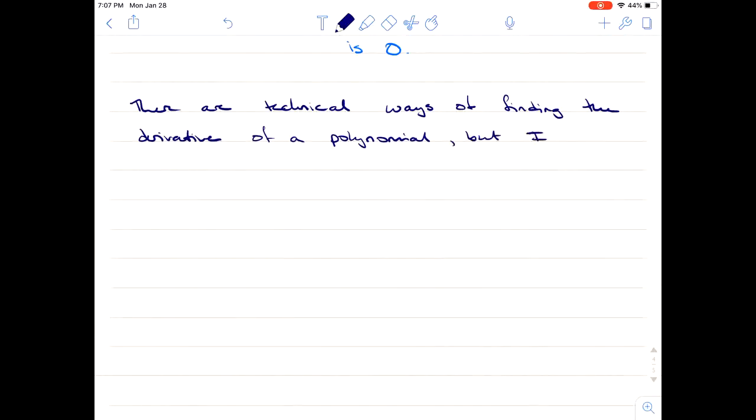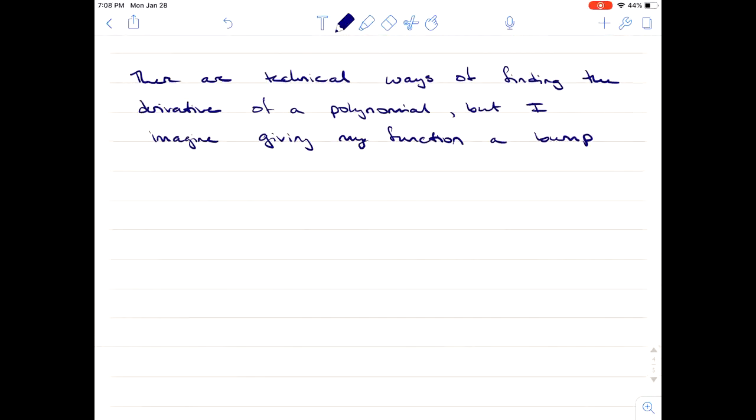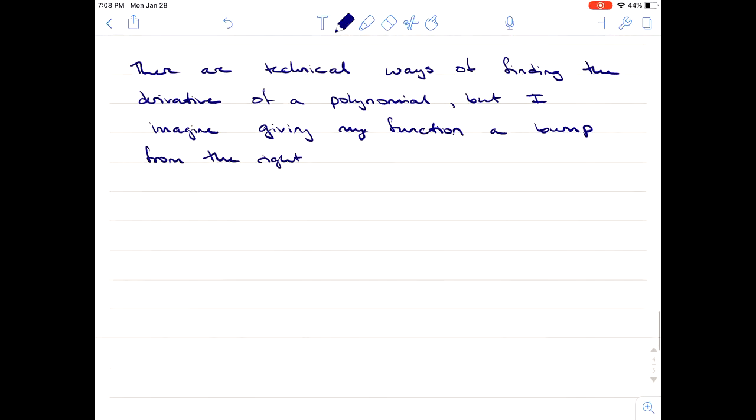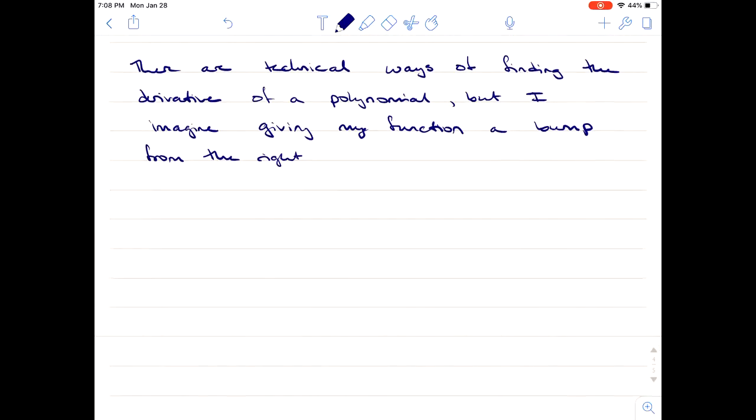But I imagine giving my function a bump from the right, making the powers fall down.